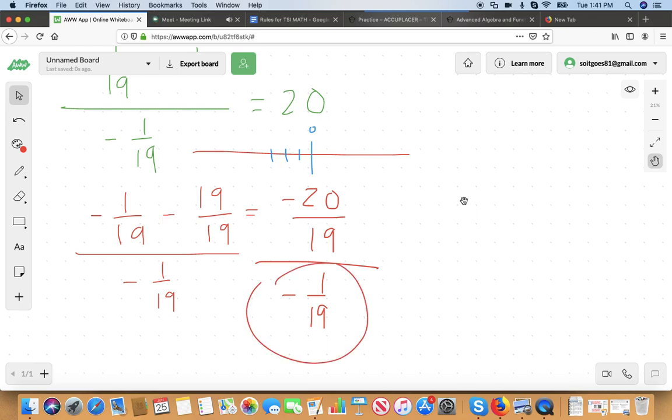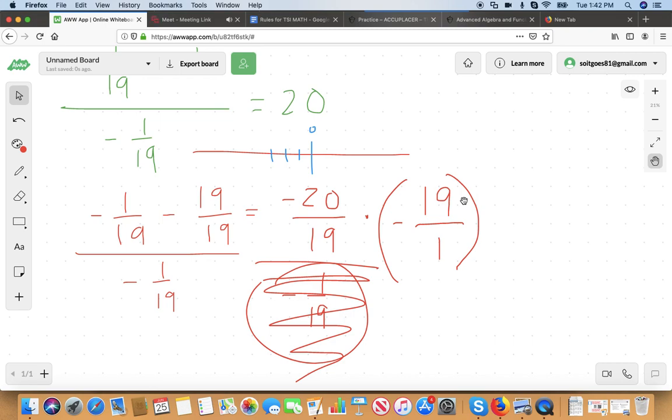The reciprocal means you flip the numerator and the denominator. So we multiply by negative 19 over 1. Does that make sense? Yes.